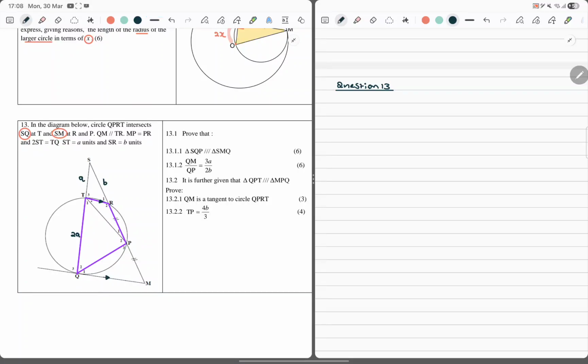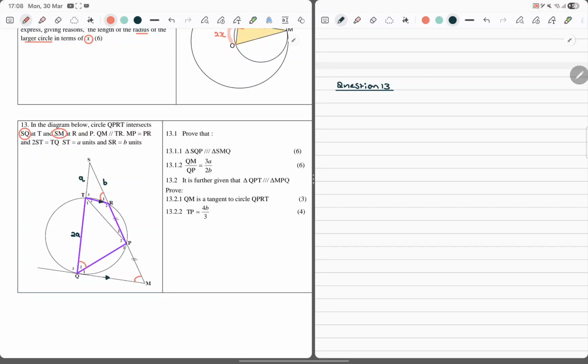So what can we do here, guys? We know that without a shadow of doubt, R1 is going to be equal to Q2. That's the exterior angle of a cyclic quad. But that same R1 is equal to angle M. Why? Those are corresponding angles with these two lines parallel.